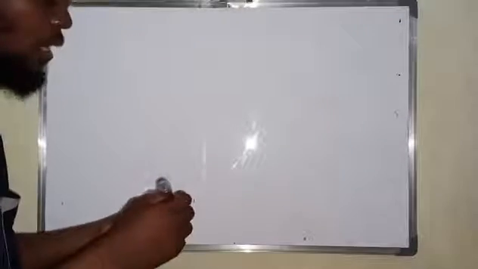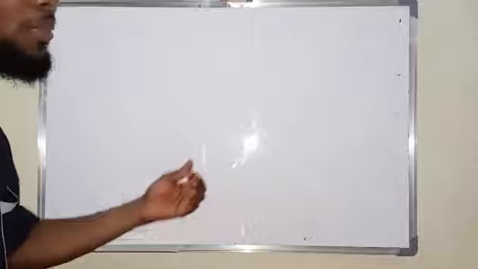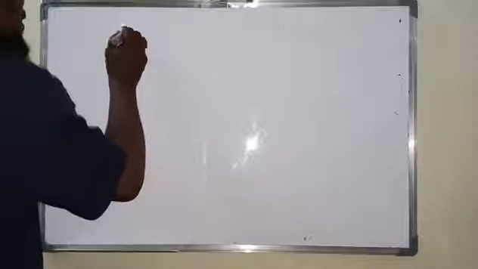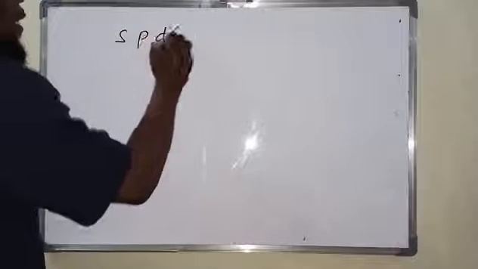When we say an orbital, an orbital is a region in an atom where an electron is probably found, can be found, or can be located. So we call it an orbital. And we have four of such orbitals: the s, p, d, and f orbitals.